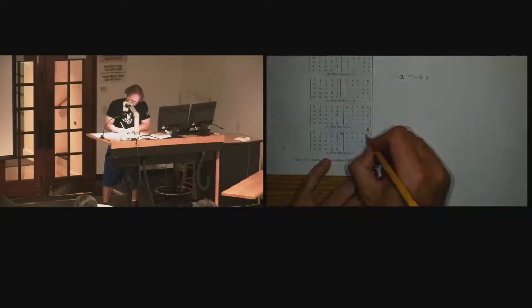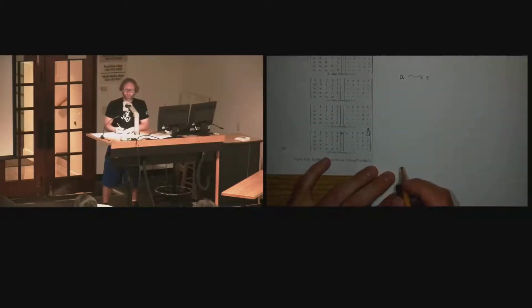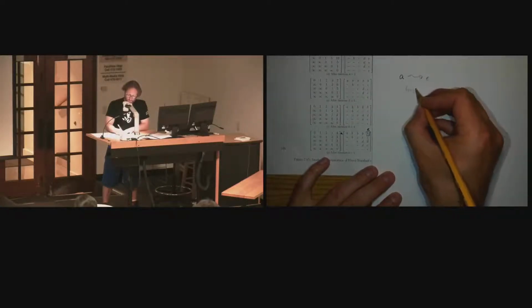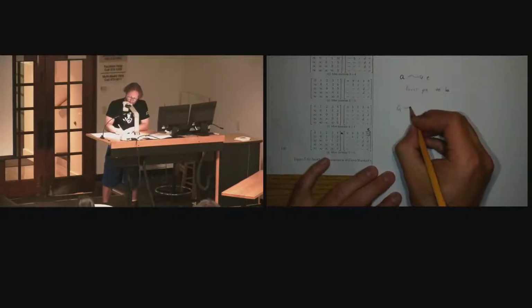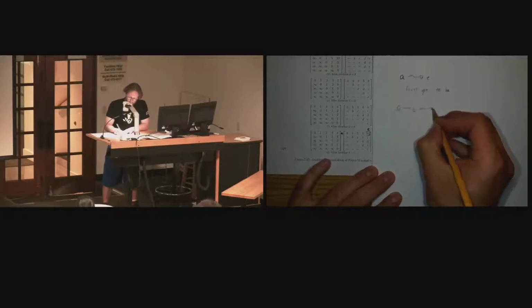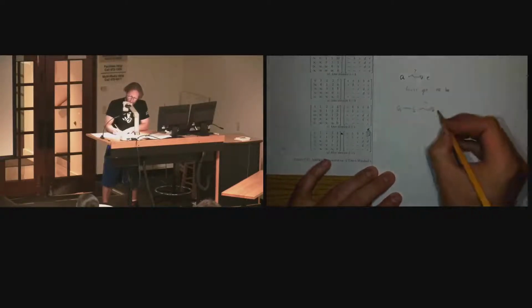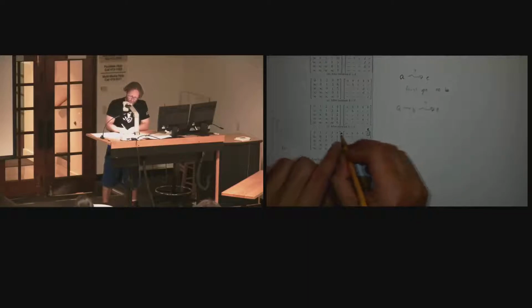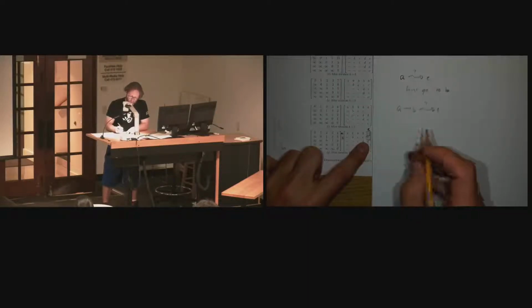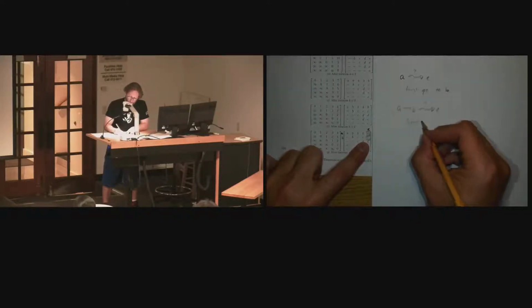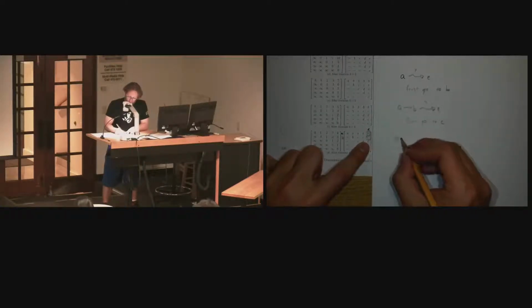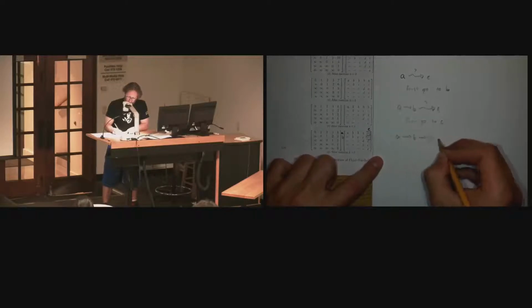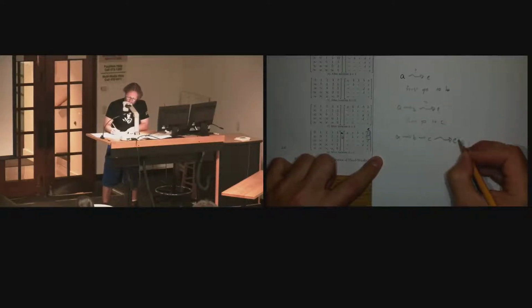How do I get from A to E? Well, this entry right here tells me first you need to go to B. Okay, I'll go from A to B, and now my question becomes, how do I go from B to E? Well, first go to C, because that's what's in here. So A to B to C, and now my question has changed again. How do I go from C to E?